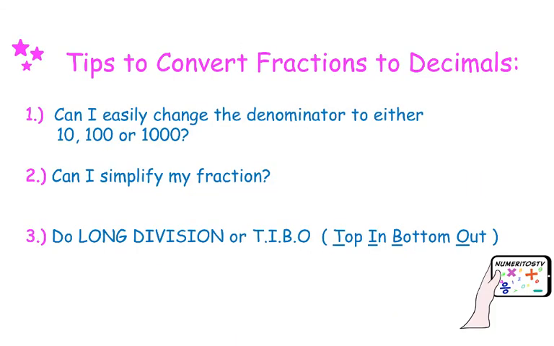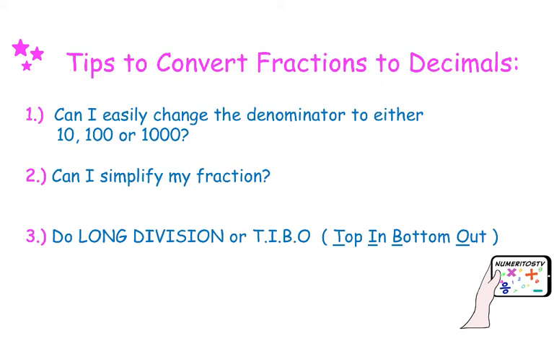So, tips to convert fractions to decimals without a calculator. Take a screenshot of this slide now. Can I easily change my denominator to either 10, 100, or 1,000? If you cannot do this, check if you can simplify your fraction and then go back to trick number 1. Maybe now you will be able to change it to 10, 100, or 1,000.